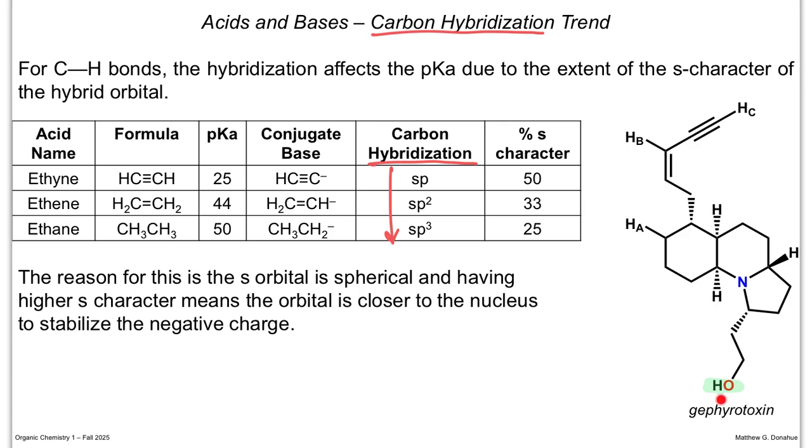So if you deprotonate that and then you treat it with a strong enough base, the next thing that's going to go is this one. So that's an sp hybridized carbon-H bond. Then we have an alkene, so that's sp2.